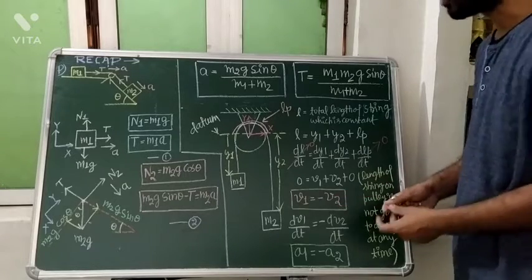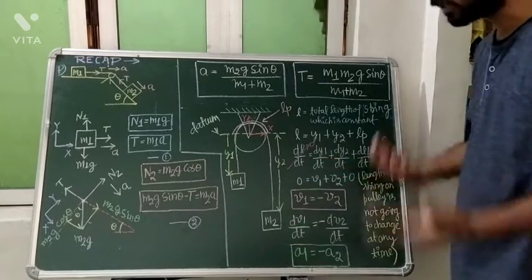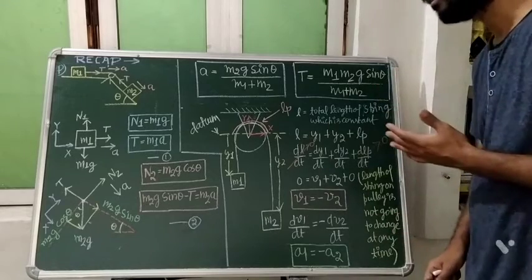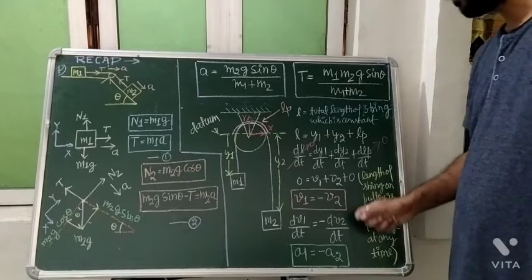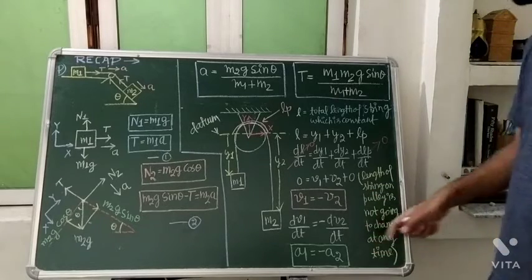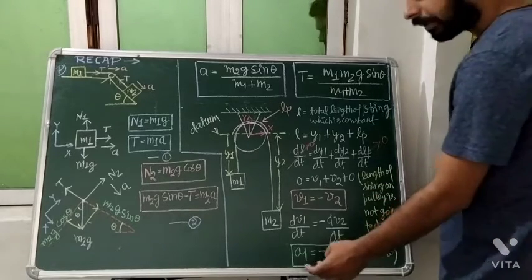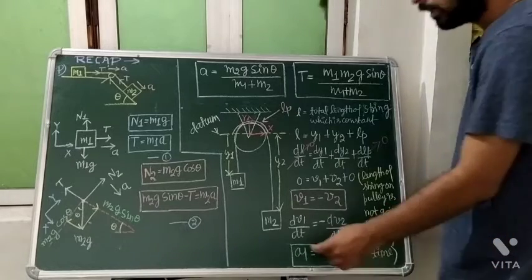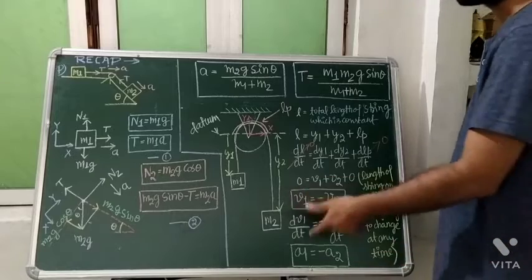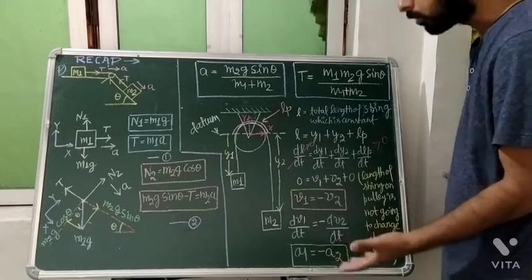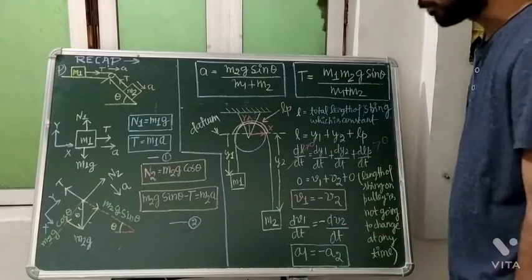Meaning the velocity of both blocks will be the same but opposite in direction. And again, when we differentiate the velocity with respect to time, the change in velocity over time will give us acceleration. Again we will see that a1 comes out as minus a2. Meaning the acceleration of the blocks will also be the same, but in the opposite direction.